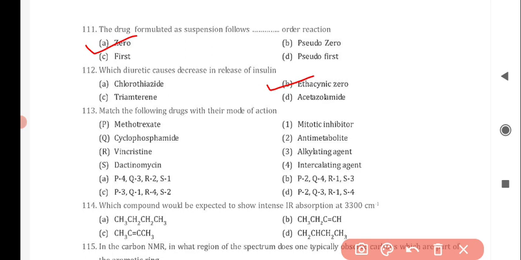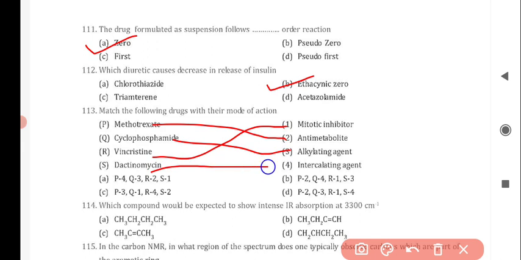First drug, that is methotrexate, it correctly matches with option number 2, that is anti-metabolite. Cyclophosphamide matches with option number 3, that is alkylating agent. For vincristine, it correctly matches with option number 1, that is mitotic inhibitor. And dactinomycin, it correctly matches with option number 4, that is intercalating agent. So option D is correct for this question.